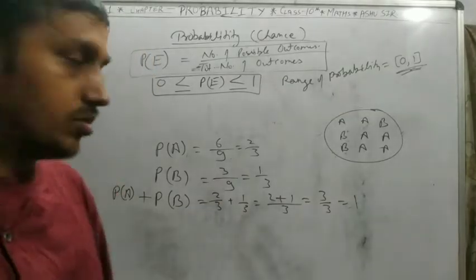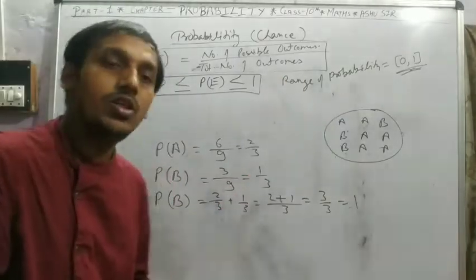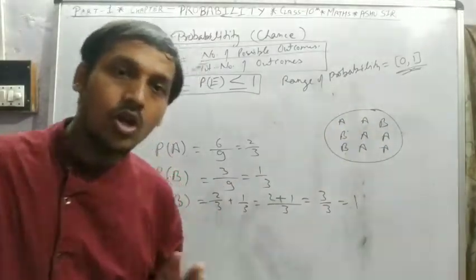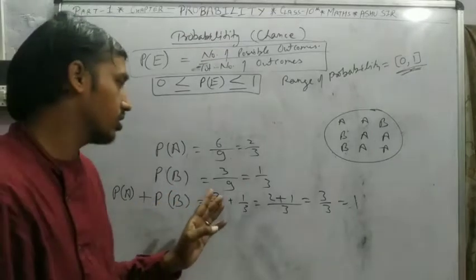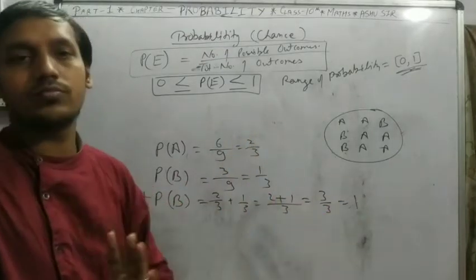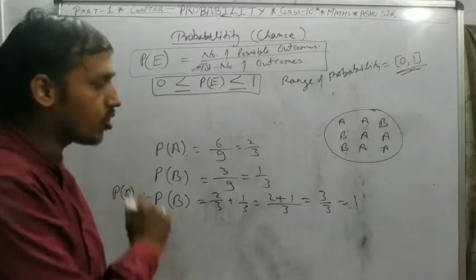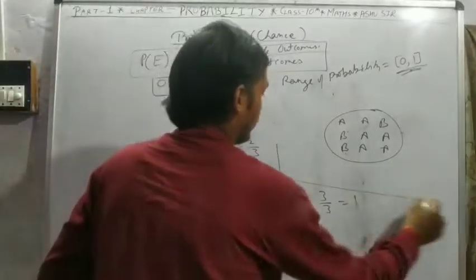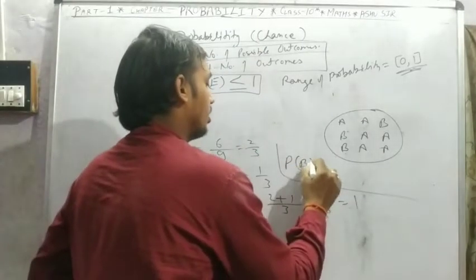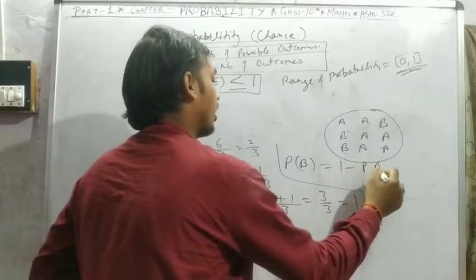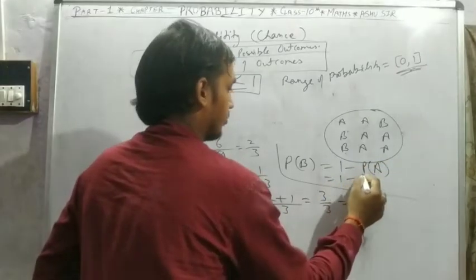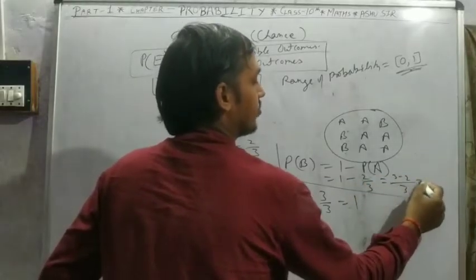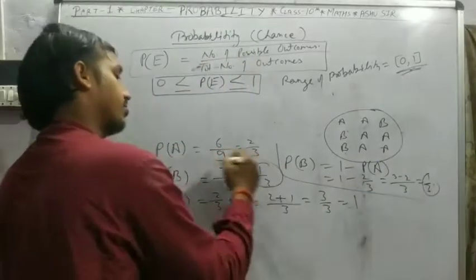Because the total probability is 1, the sum of all possible probabilities of the events formed here is always 1. So by using this concept, the probability of B is equal to 1 minus probability of A, taking LCM, it is the same.